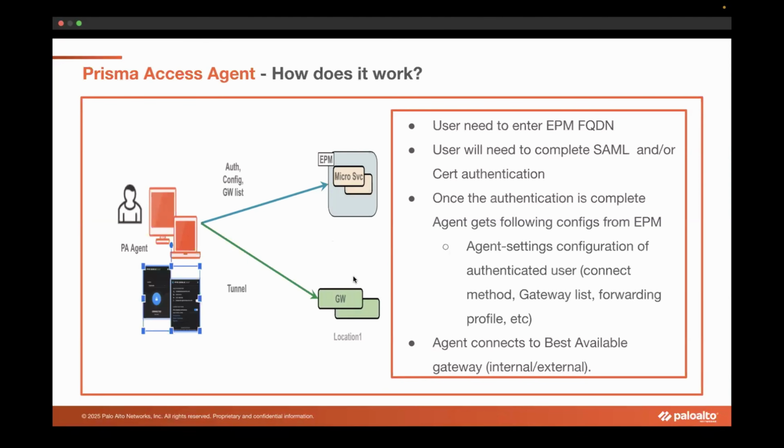Once the authentication is complete, the agent gets the config from the EPM, like all the agent settings, the authenticated user, the list of the gateways, the connect method, forwarding profile, and all of that configuration is pushed onto the end user's agent. And then the agent connects to the best available gateway, whether it is internal or external, based on the configuration.